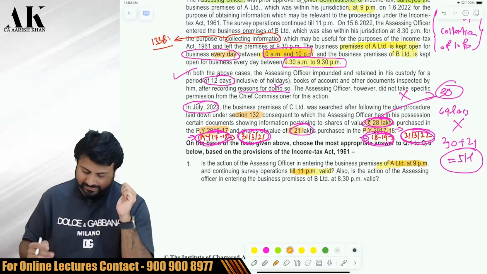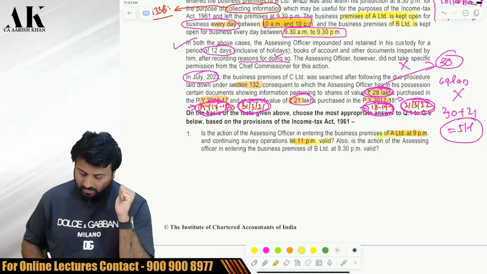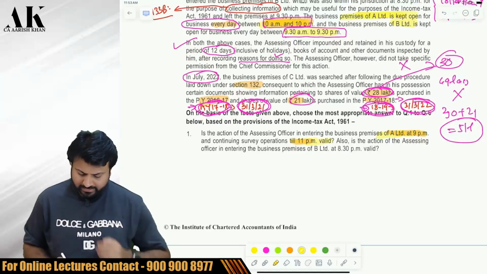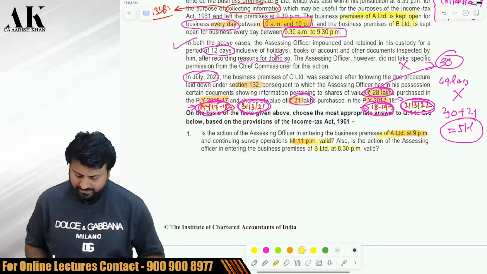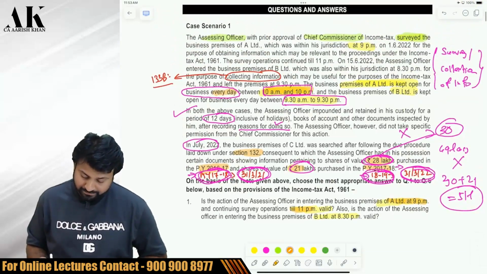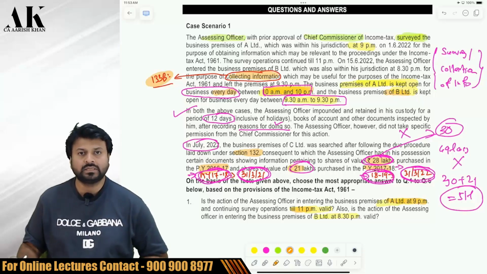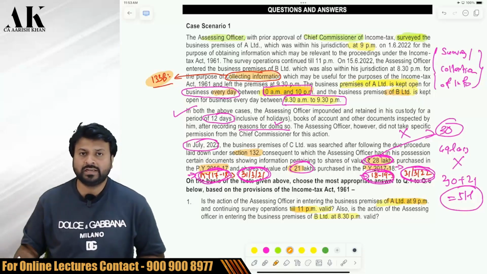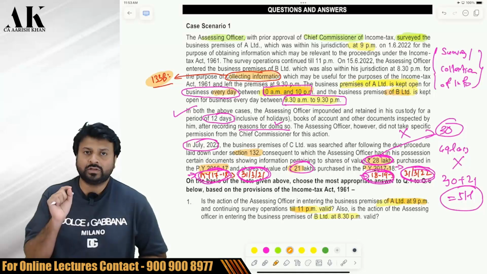Okay. The second question over here is, also, is the action of the AO entering the business premises of B Limited at 8:30 p.m. valid? Now, in case of B Limited, there is no survey, but there is a collection of information which is covered under 133B. Even in 133B, it is very clearly written that the AO can enter during the business hours.